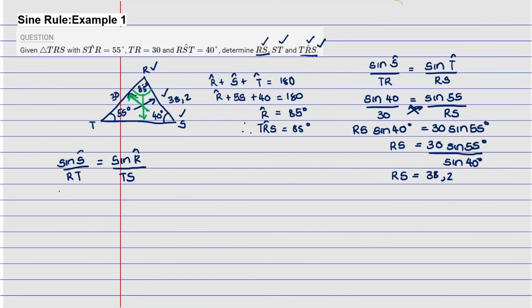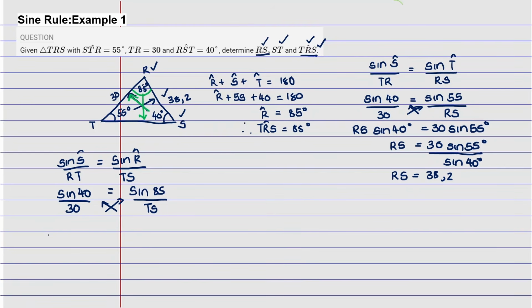Let's substitute. It's going to be sine 40 divided by 30, and that is equal to sine 85 divided by TS. Cross multiply.